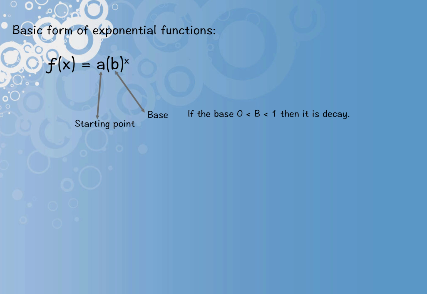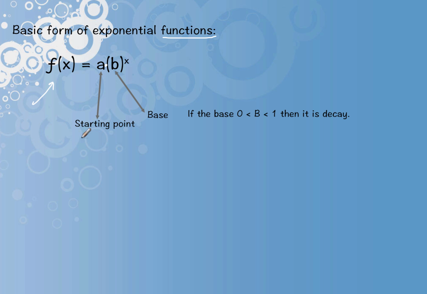This is the basic form of an exponential function. All right, an exponential function has this form. Here's our friend f of x. Remember, you can use any letter, but they generally use f for function. And you can see there's multiplying going on right here.